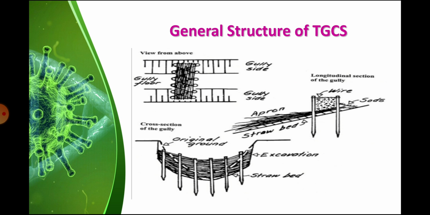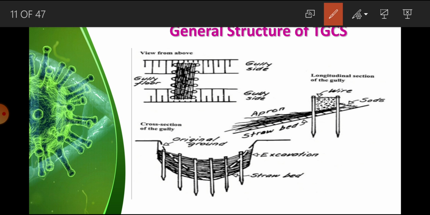So if we talk about the temporary structure made of local material, see, this is the general structure of most of the dams. Here you can see the side walls of the gully. This is actually a top view, and here is the flow of runoff.